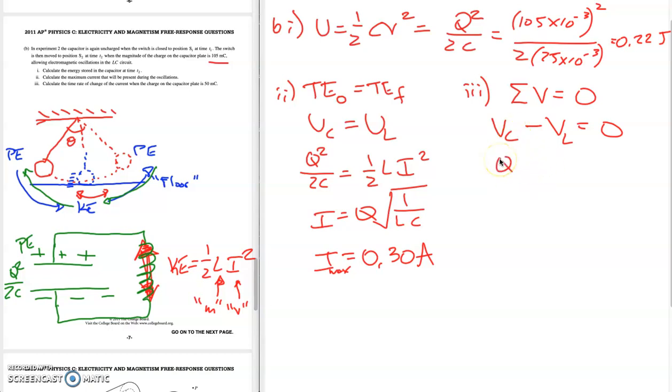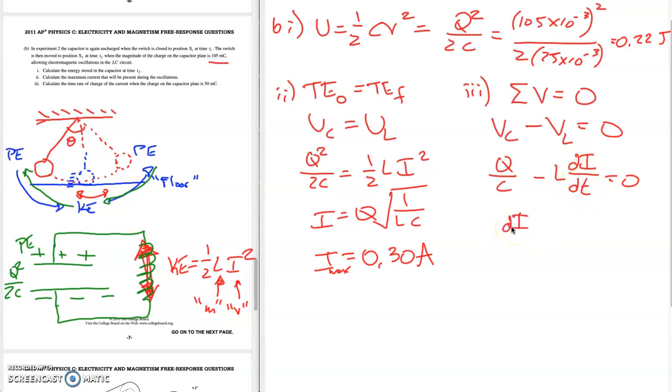The voltage across the capacitor is Q over C, and the voltage of the inductor, remember, is L di dt, the time rate of change of the current. Okay, so rate of change in time of the current, that's di dt. That's what they want us to solve for.